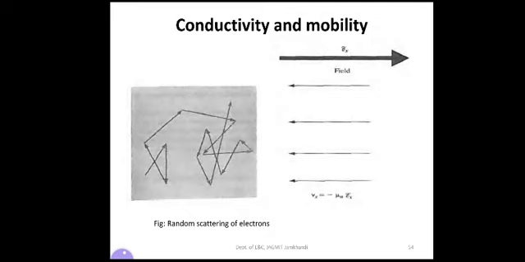All because of these reasons, there is a possibility of random scattering of electrons. Since the scattering is random, there is no net motion of the group of n electrons per centimeter cube over any period of time.